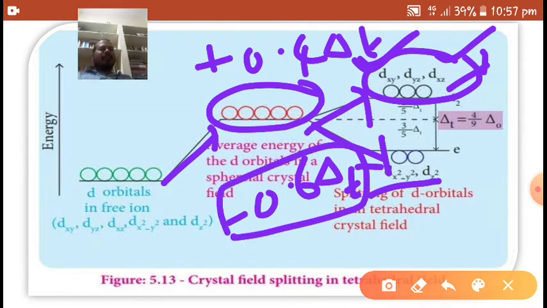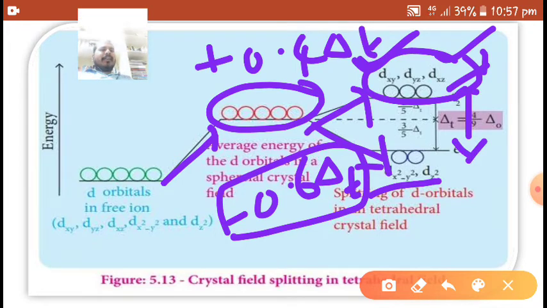And the energy difference between E and T2 is called the tetrahedral splitting energy, or crystal field splitting energy in tetrahedral complexes.